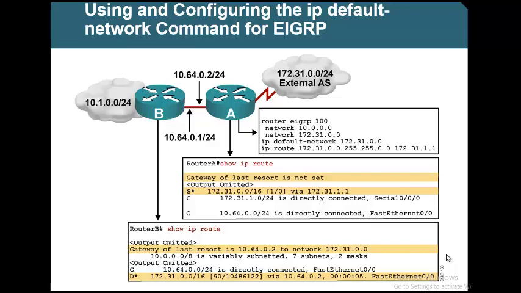Okay. Assume we got many routers, not just two. Here it looks like just two. Assume you got many routers inside your autonomous system. Let's say your autonomous system is 100.